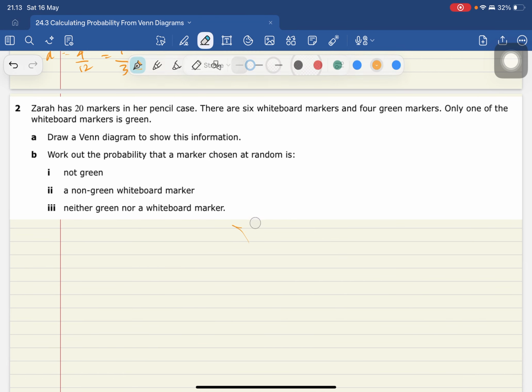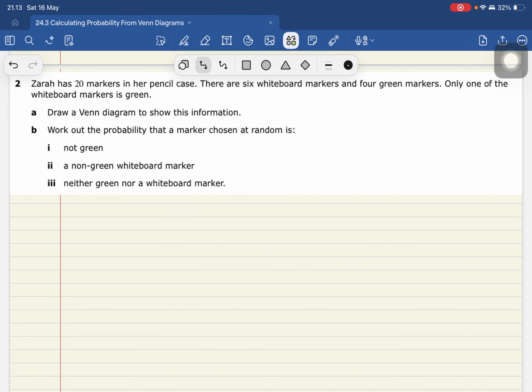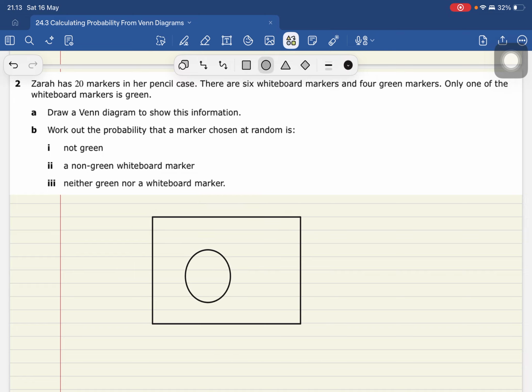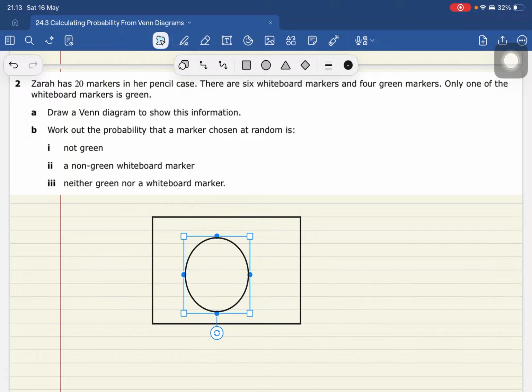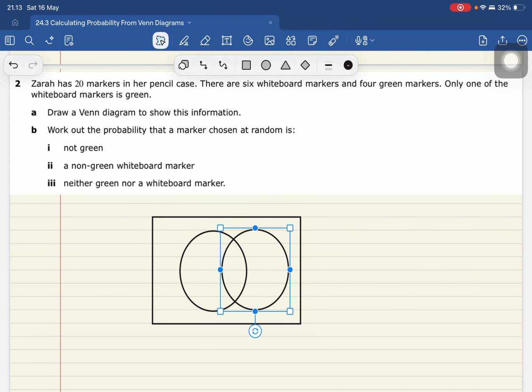It is too big, let's make it smaller. Yeah, square, and circle 1, circle 2. Okay, there it is.